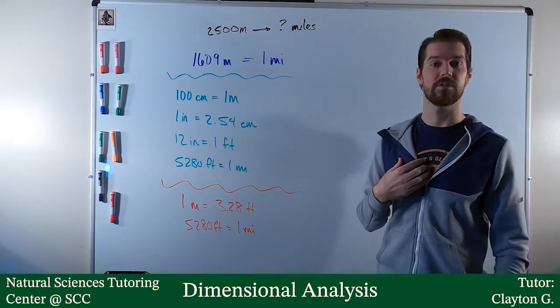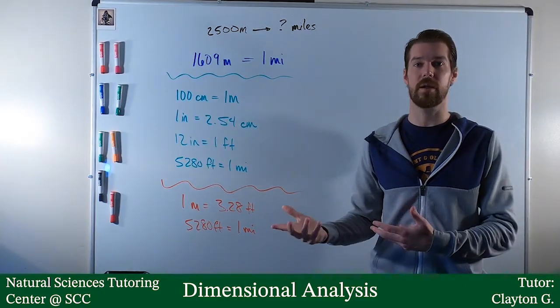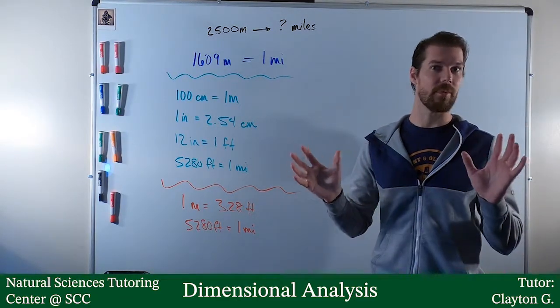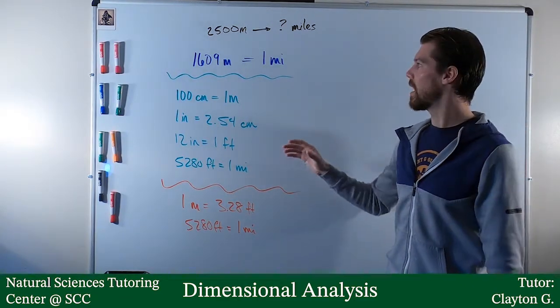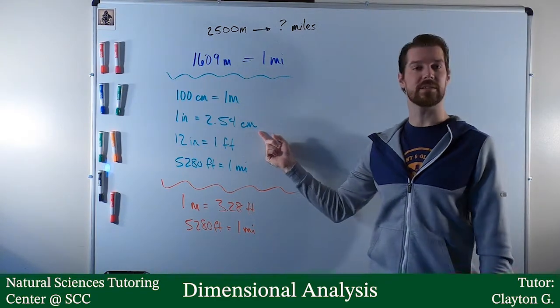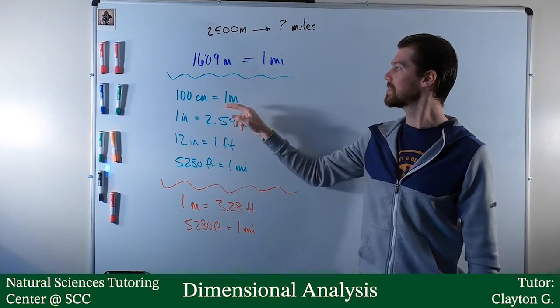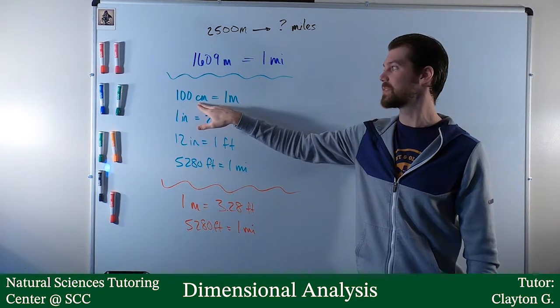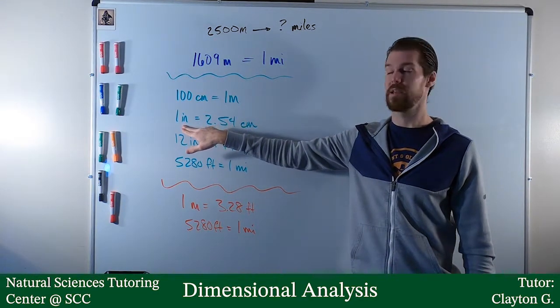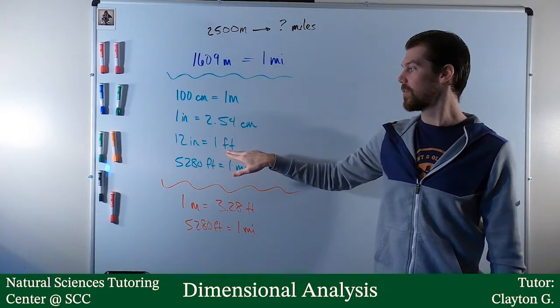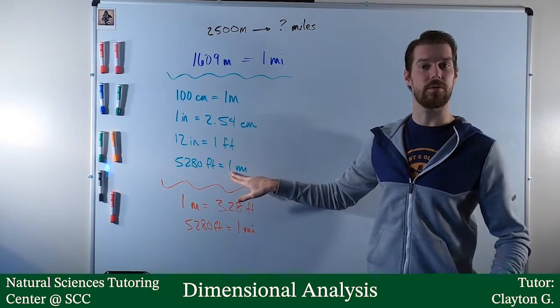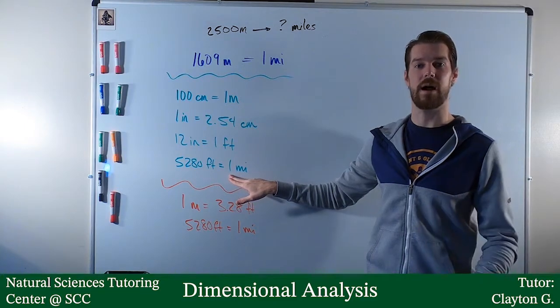When I was in general chemistry, when I first was learning about the dimensional analysis stuff, I didn't know this, but I did know this one. And so I would go from meters to centimeters. Then I would go from centimeters to inches. Then from inches to feet, from feet to miles. I know there's 5,280 feet in a mile.